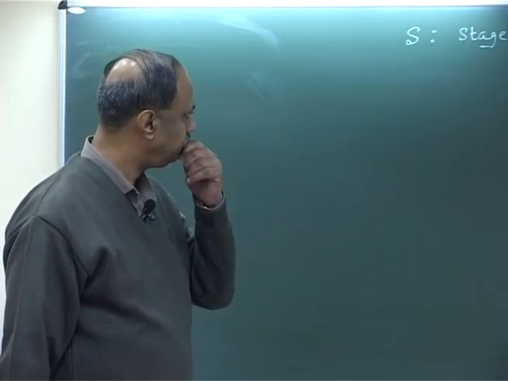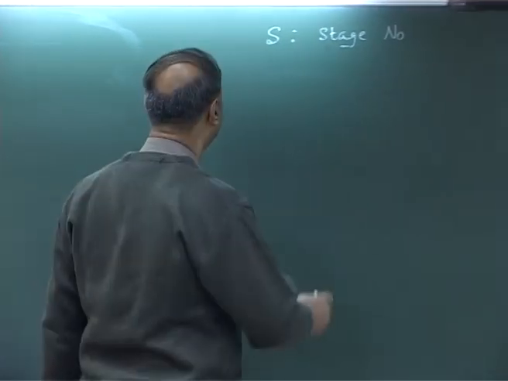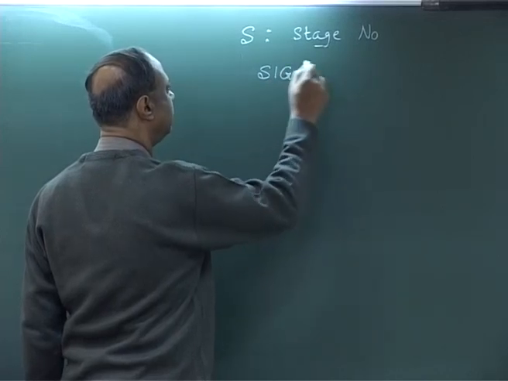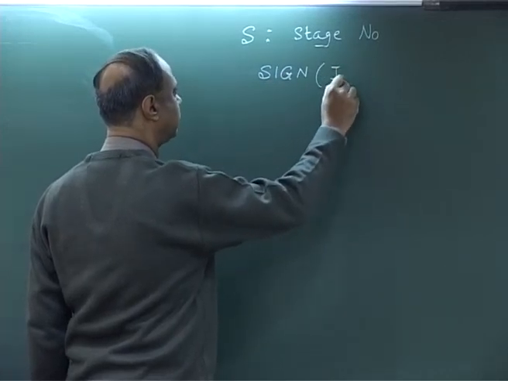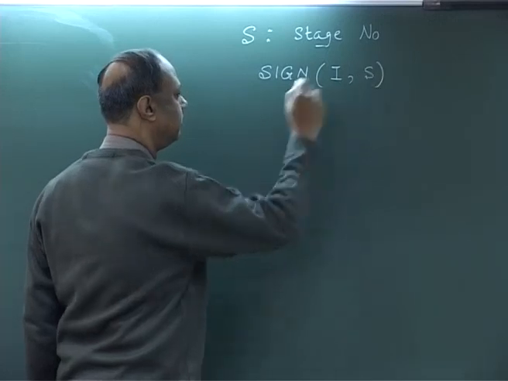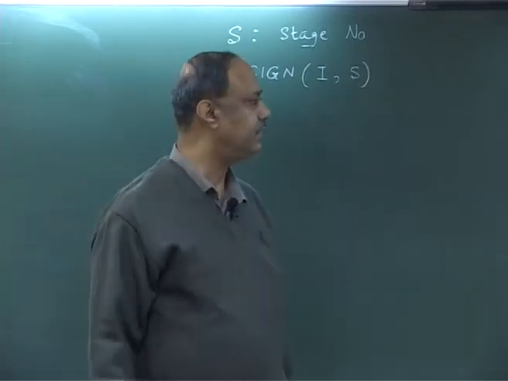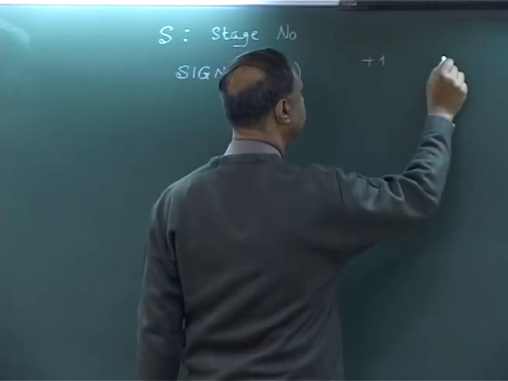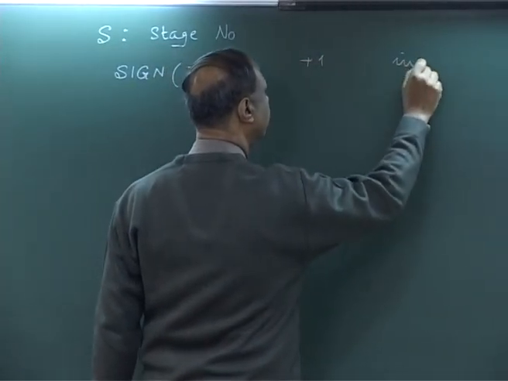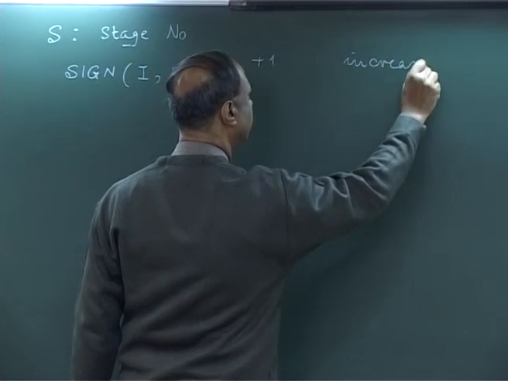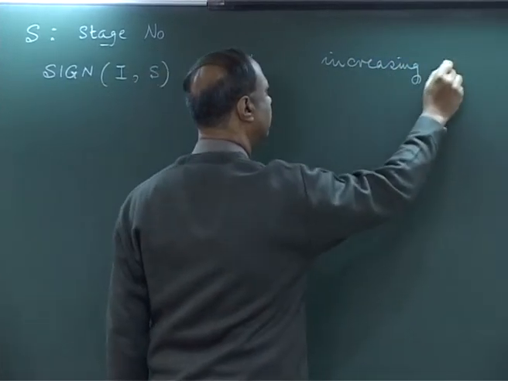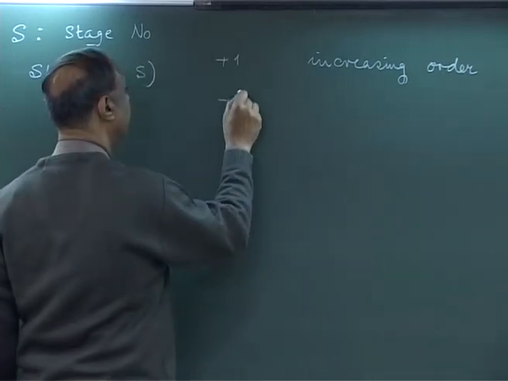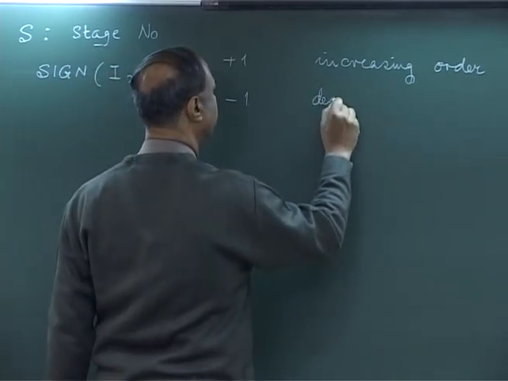Now, for that we introduce the term sign(index, S). If it is positive one, then increasing order. Negative one, it is decreasing order.